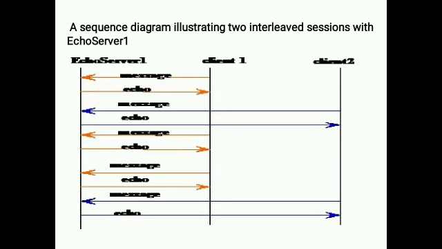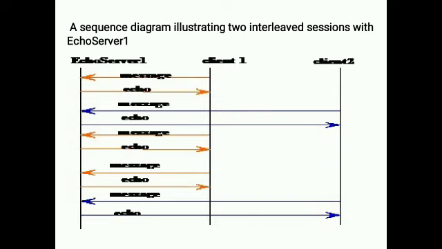Suppose two concurrent clients of this implementation, A and B, interleave their interaction with an instance of echo server 1. In this diagram, this is echo server 1, client 1 and client 2.